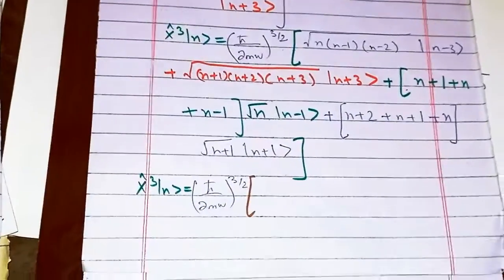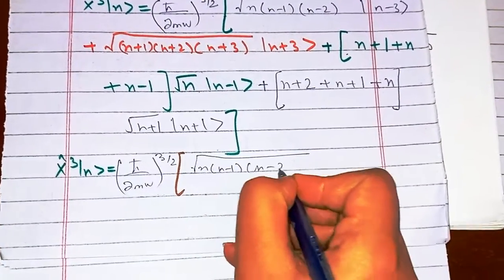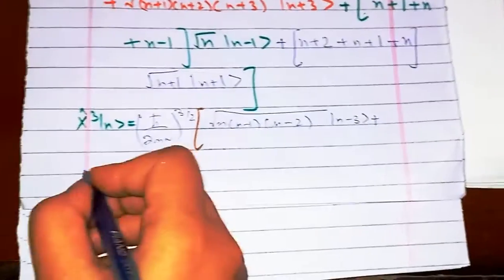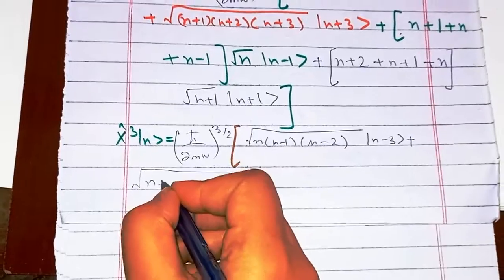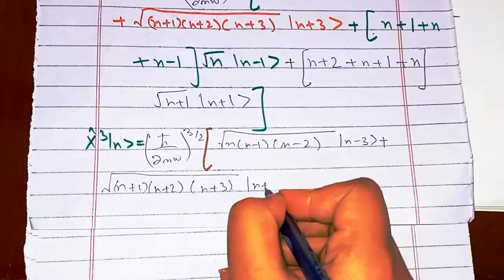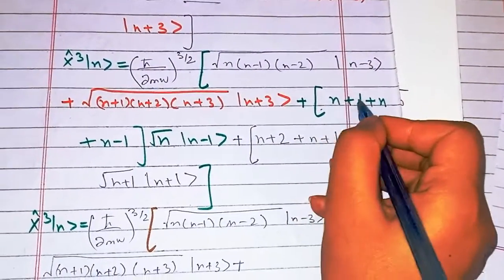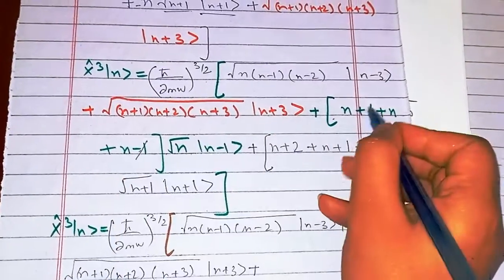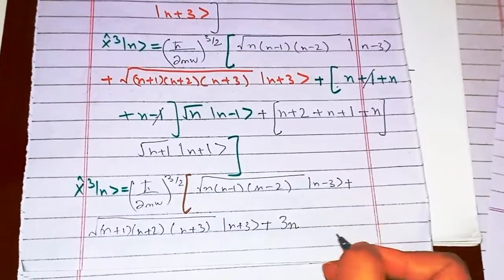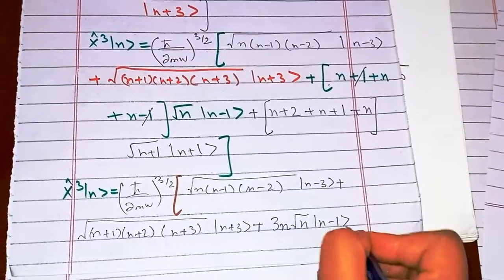Then we have these terms as they are, √(n(n-1)(n-2)) with the ket |n-3⟩, plus this whole √((n+1)(n+2)(n+3)), and |n+3⟩ is the ket, plus now this simplification, we can see here that this plus 1 and this minus 1 cancel out, n plus n, which is 3n, we can write 3n outside. We have √n, and the ket is |n-1⟩ simply.